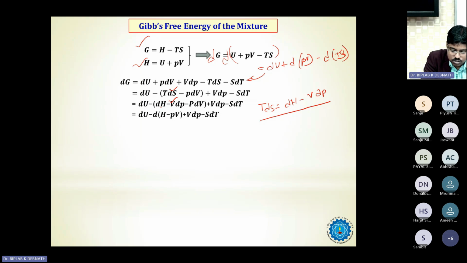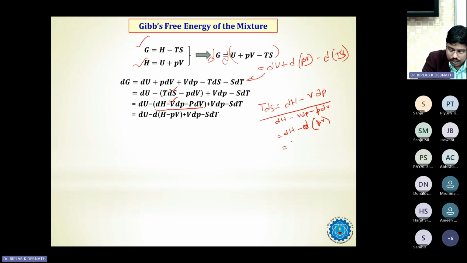Now if you see this particular equation, dH minus VdP minus PdV, then we can easily write d of H minus PV. Because d of PV is basically PdV plus VdP, and since there is a minus in the beginning, you can write it like this.